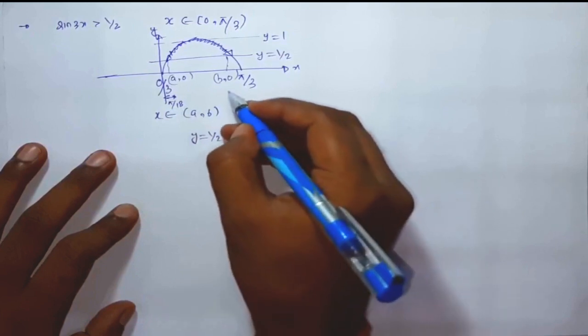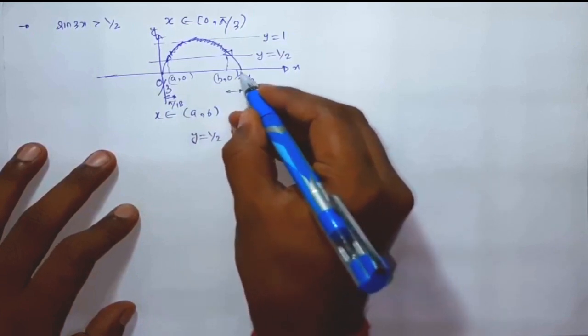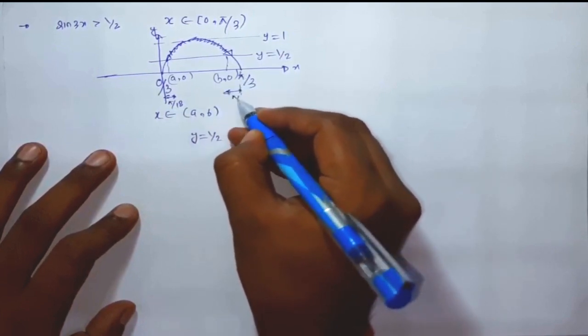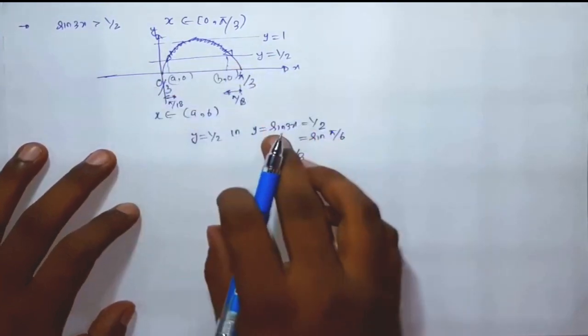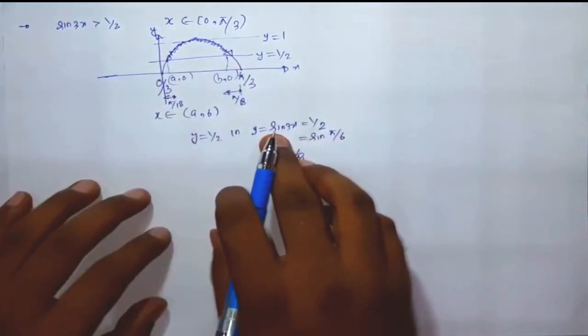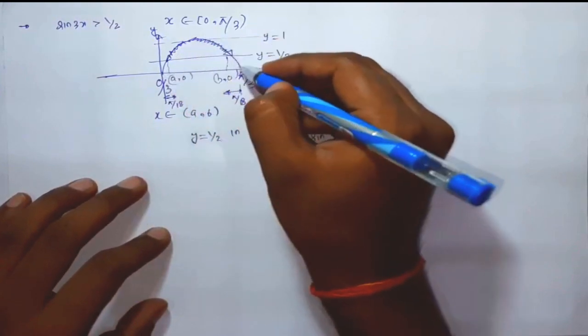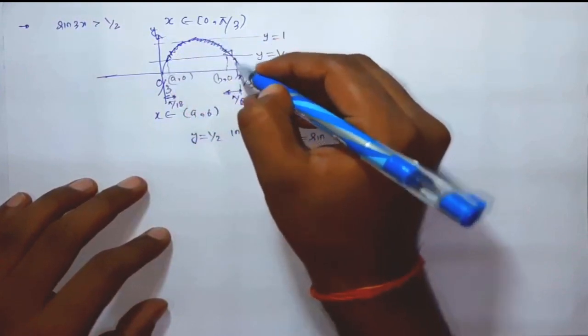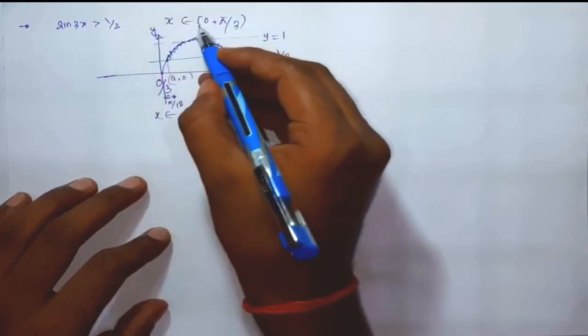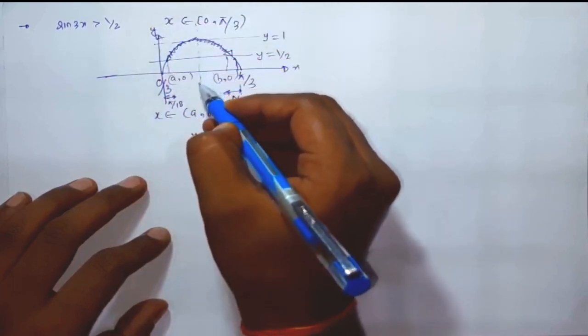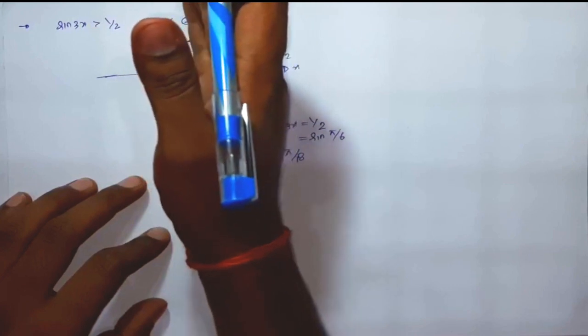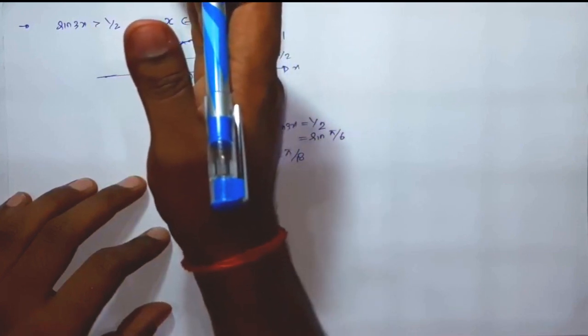So by the symmetry also we can say that this portion will be pi by 18 because this graph is symmetric. The dome is going to be like this, and this is symmetric about this line. Okay, so this line is the line of symmetry for this curve.